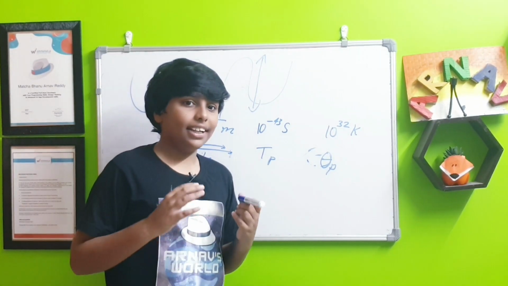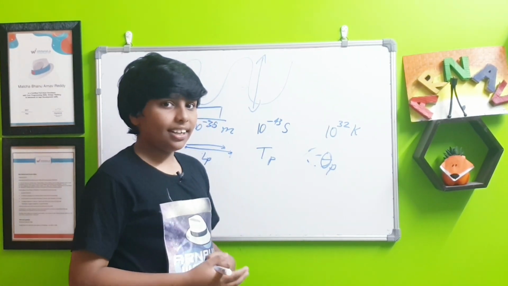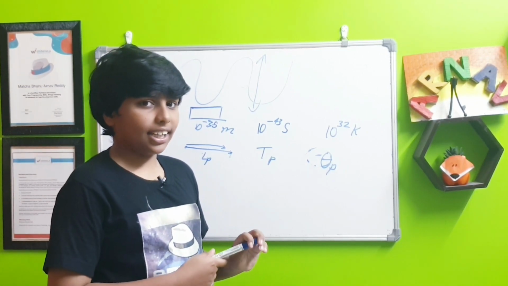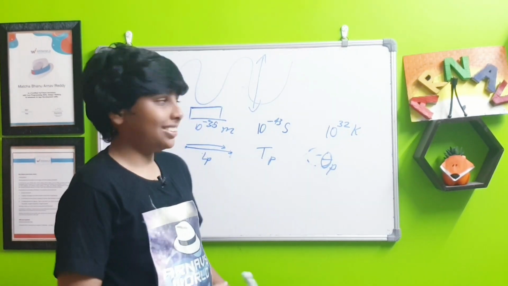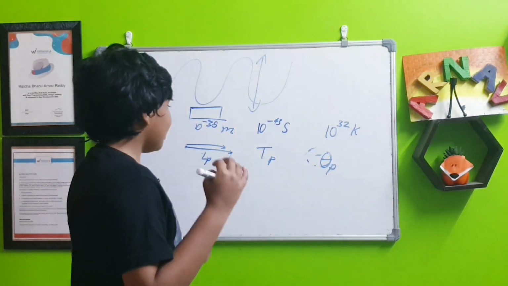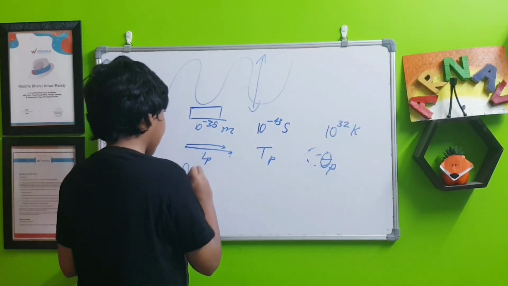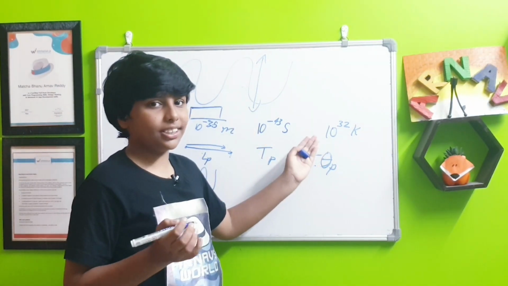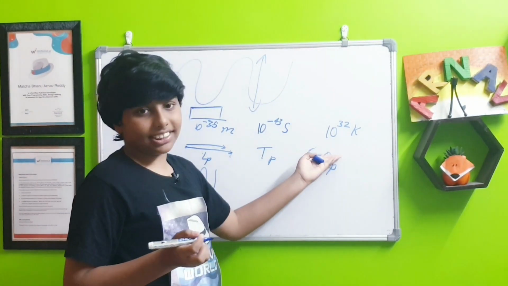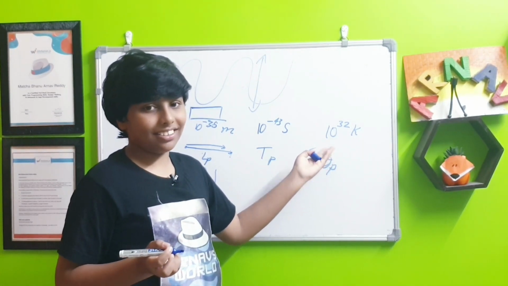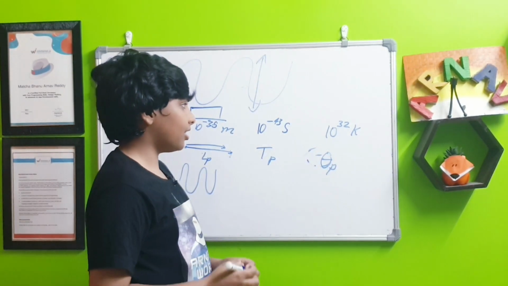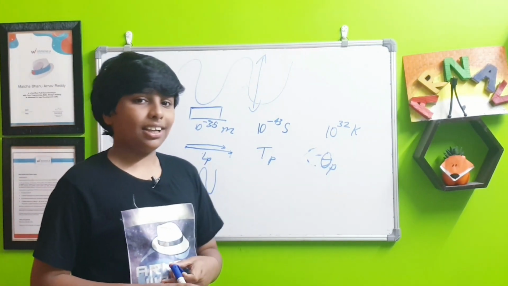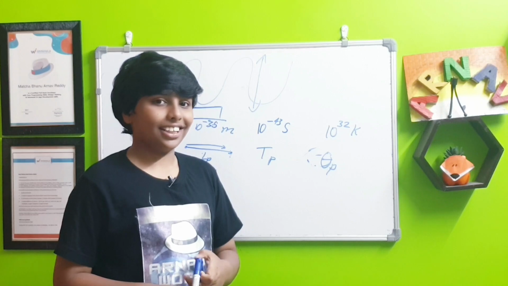Gamma rays are nanometers, and other more energetic wavelengths are theoretically possible. When the wavelength reaches the Planck length, it is most likely caused by the Planck temperature. That's what the Planck temperature is. It was kind of hard to explain.